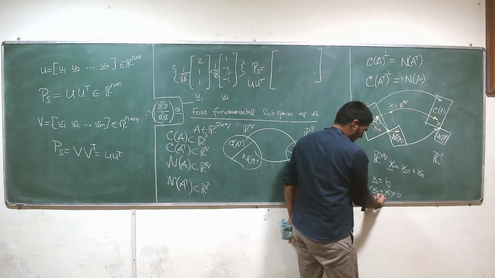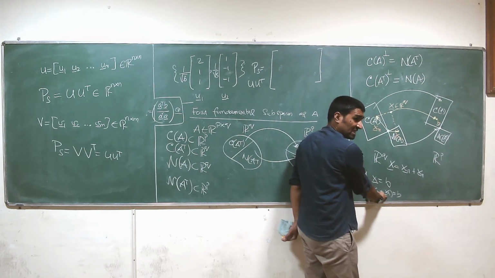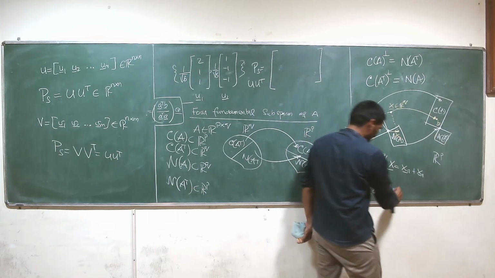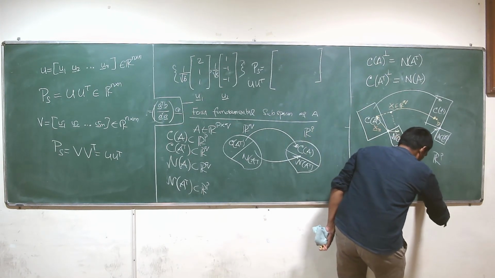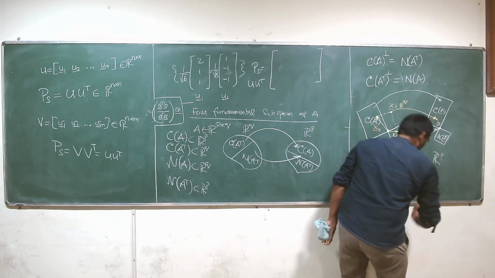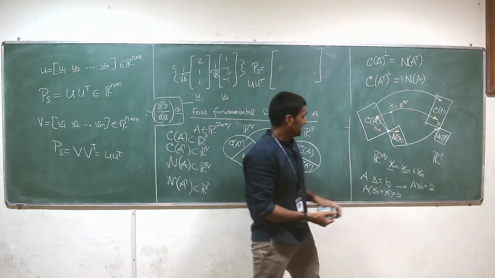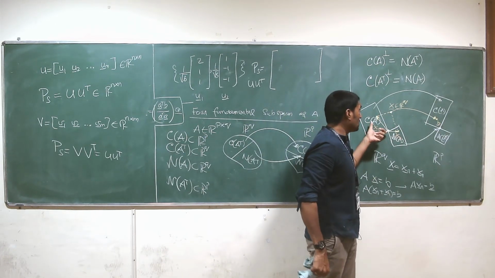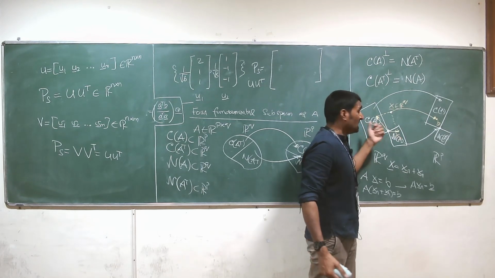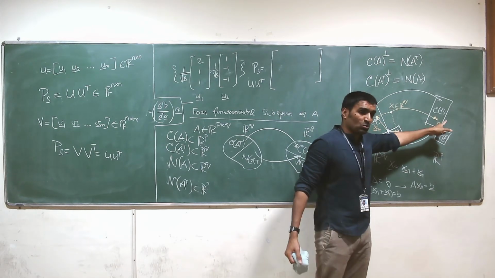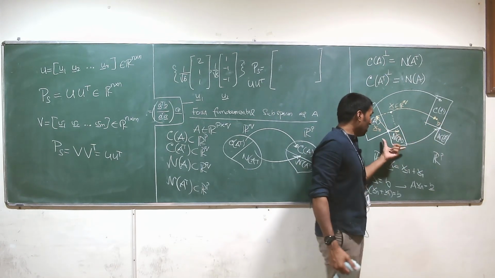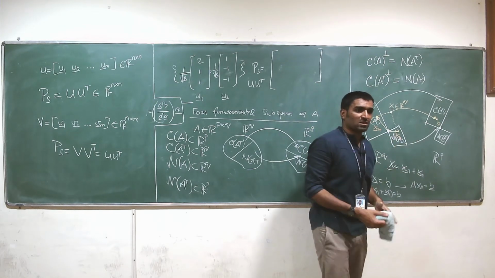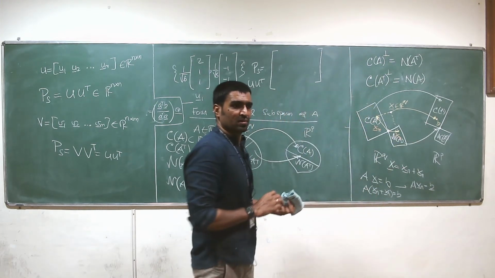We know A times Xn is 0 because the Xn component is from the null space. So this is simply A times XR is B. For any vector X that you choose from RQ, it's only the component of X in the row space that gets mapped to elements in the column space. The component in the null space gets mapped to 0.